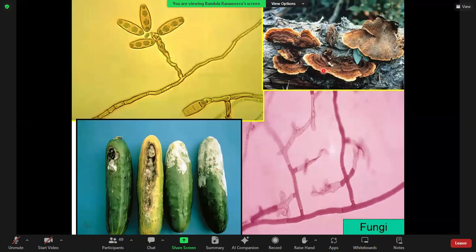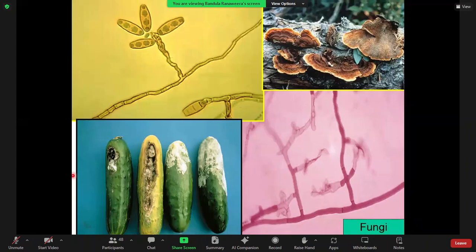Once we observe such things on the plant, that means the disease has already spread into the plant. So maybe the problem is in a worse situation when the disease is already expressed by the plant parts.